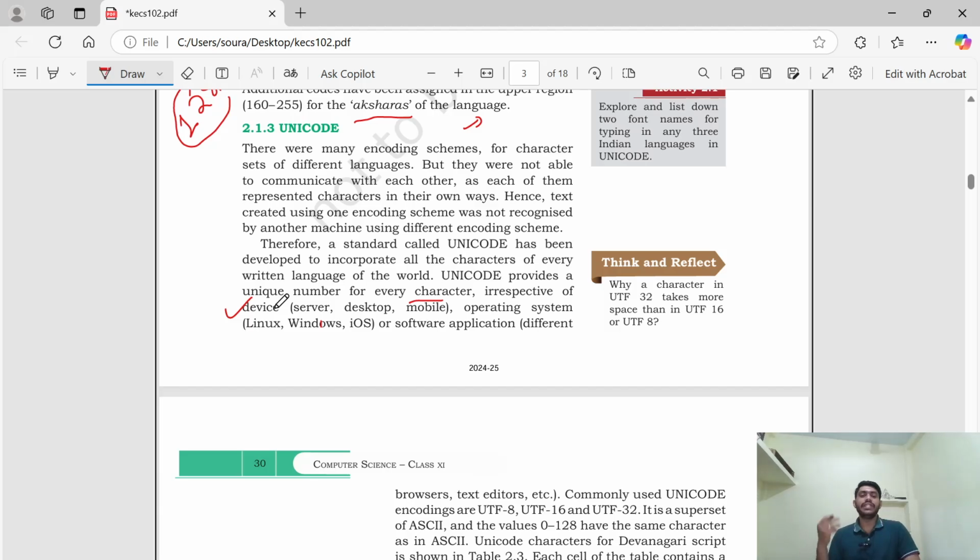Whether Linux, Windows or iOS, on every platform the code will be the same. That is called universal code. Understood my point? Clear?